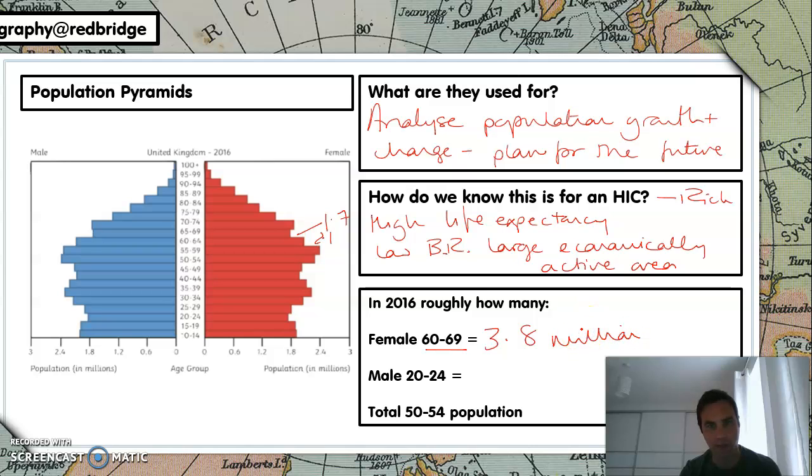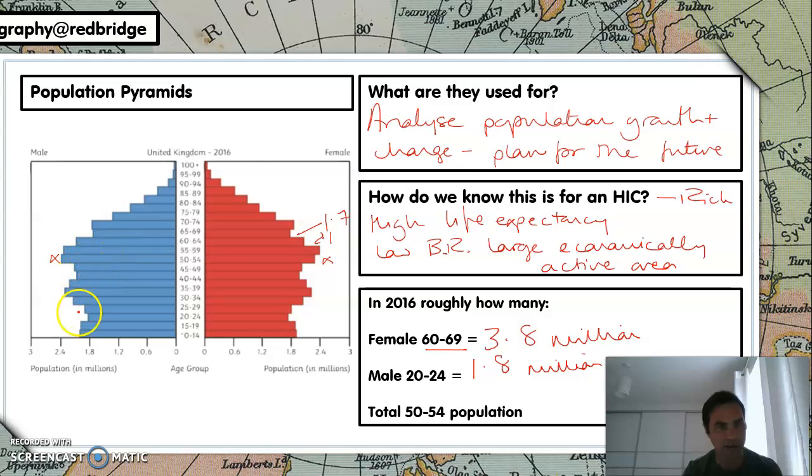Okay, now the male population 2024 is only here, so that's quite an easy one to read. It's just a fraction over the line, but the exam board would let you get away with that. They give you some leeway. That's about 1.8 million people there, so it's nice and easy. And then the total 50 to 54 population. So you need to find the 50 to 54, which is this one here and this one here.